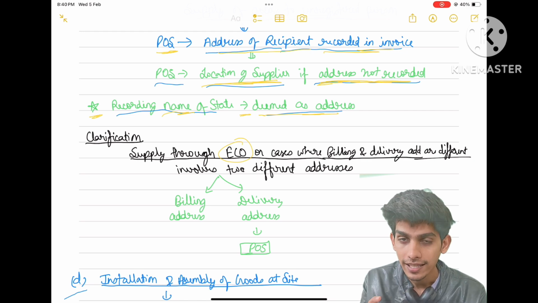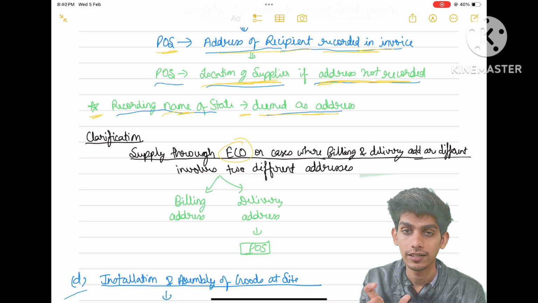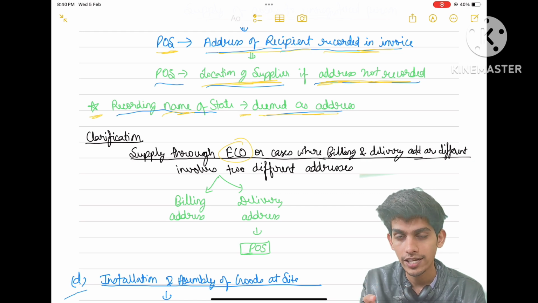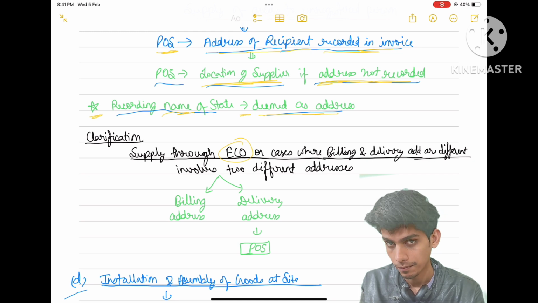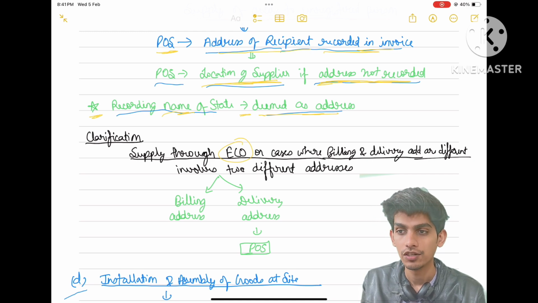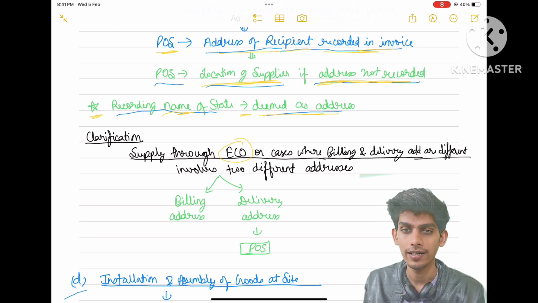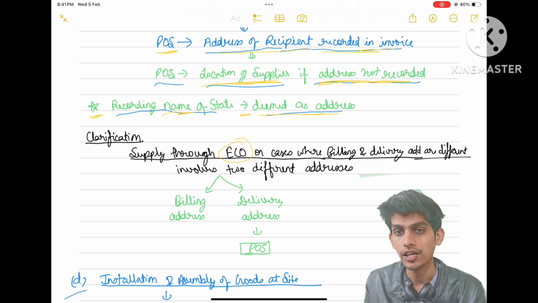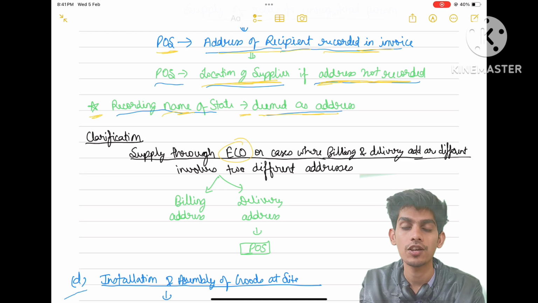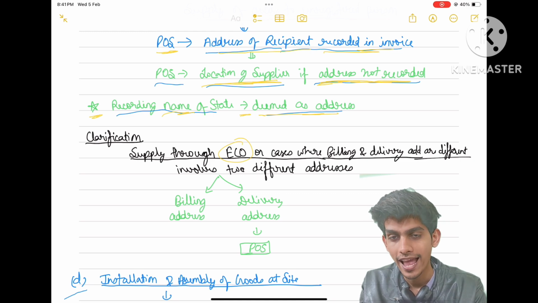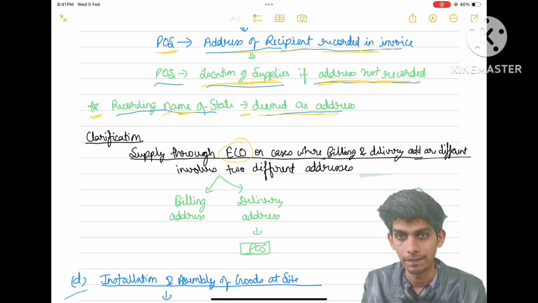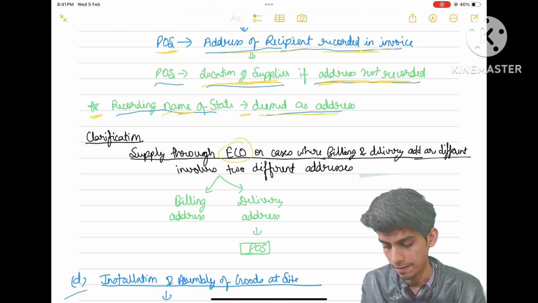The billing address in this transaction will be your residence in Delhi, but the delivery address will be Bangalore, your mom's home. So the delivery address and billing address are different and you are an unregistered person. So law says we will take the delivery address, that is your mom's home in Bangalore, as the place of supply. And depending upon the case, IGST or CGST and SGST will be levied.